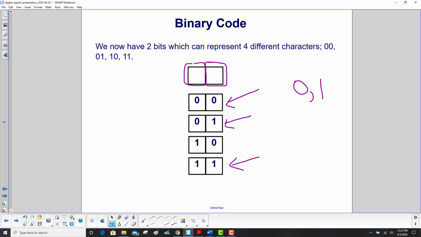Yep. Then we'll work up from the bottom. We'll keep the 1 on the left side, and we'll change the 1 to a 0 over here. Now we have 1, 0. Are these four different ways of organizing 0 and 1? Can you think of any others? I hope not, because there aren't any. So we have four different characters that can be represented by 1 bit and 1 bit stuck together.